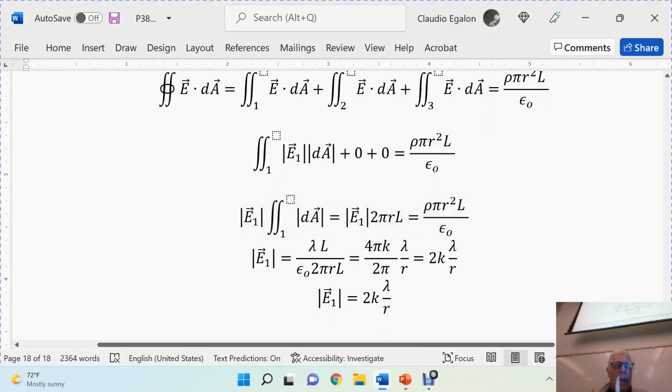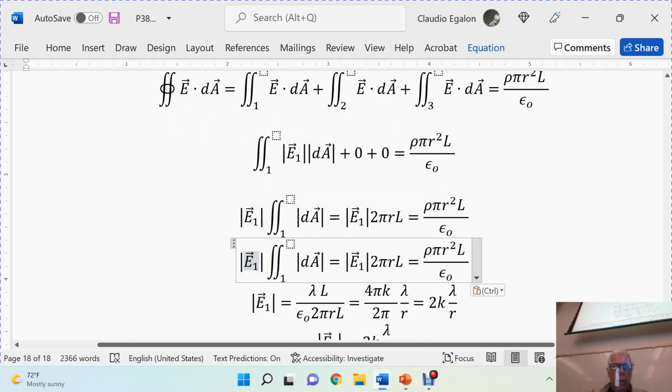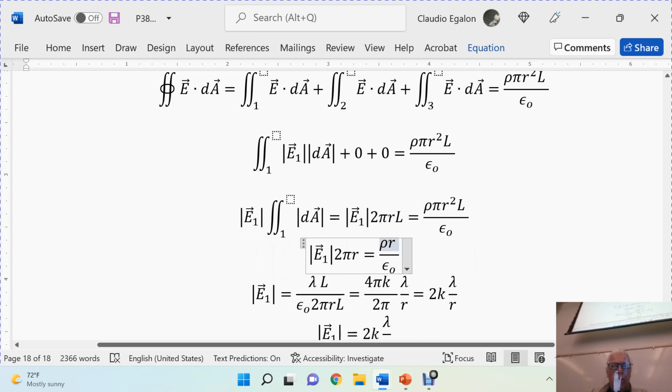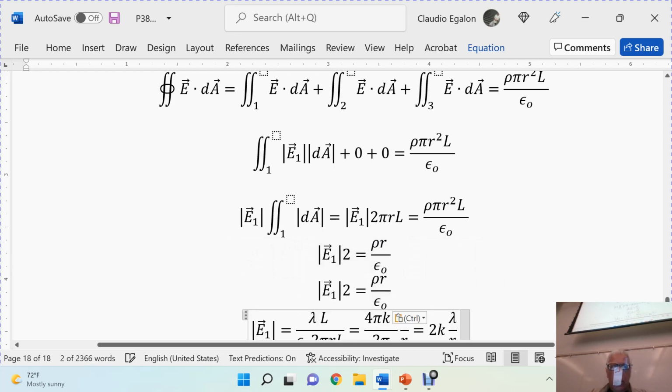Now we are left with that equality on the right side. The L cancels out with the L. The pi cancels out with the pi. And the r squared cancels out with the r. We are left with this result here.